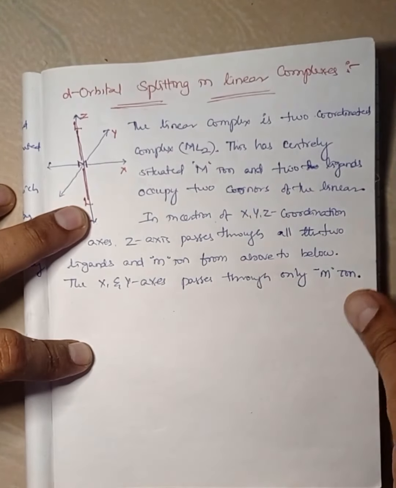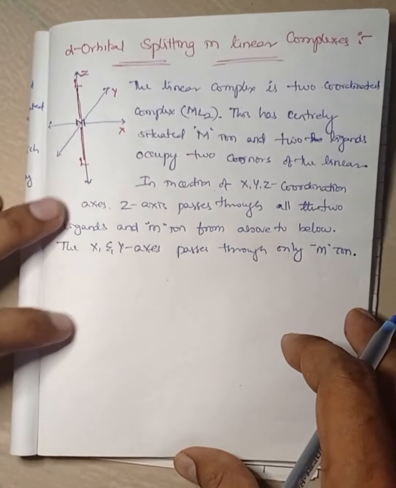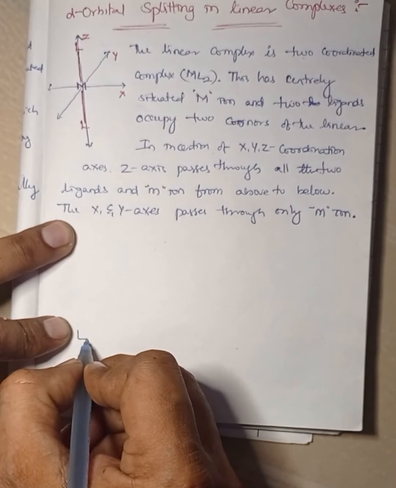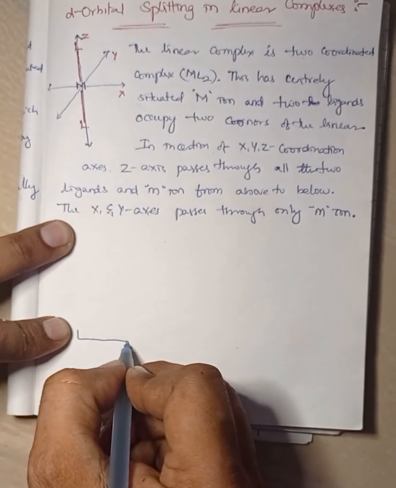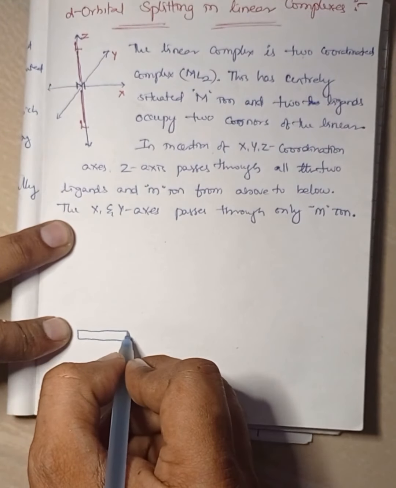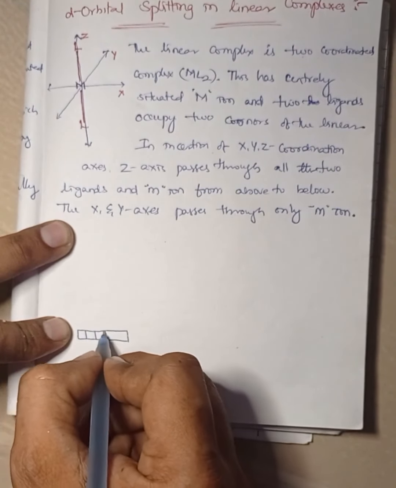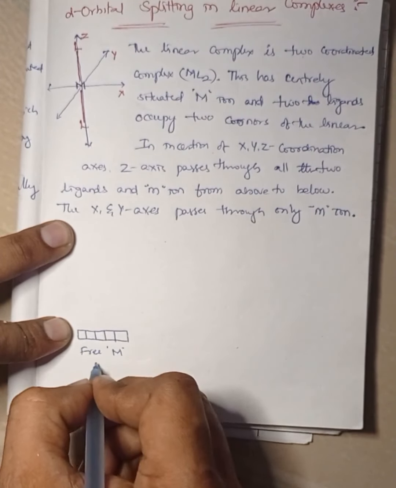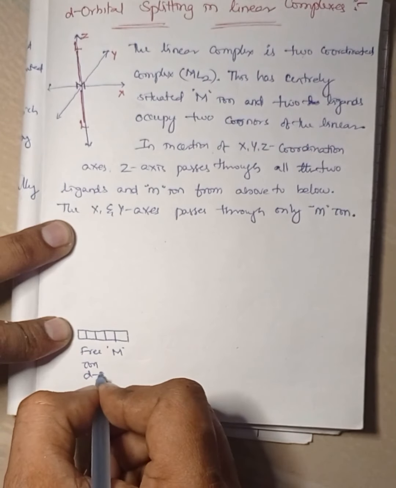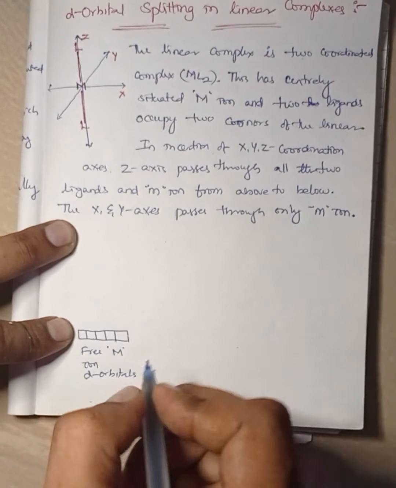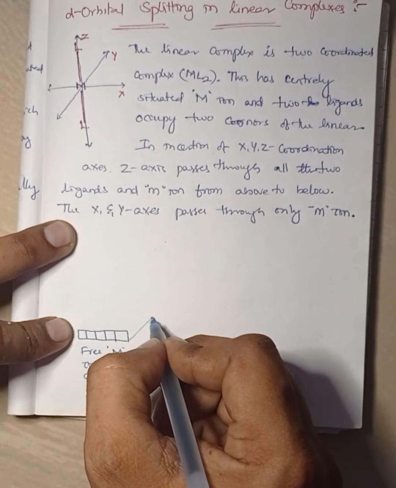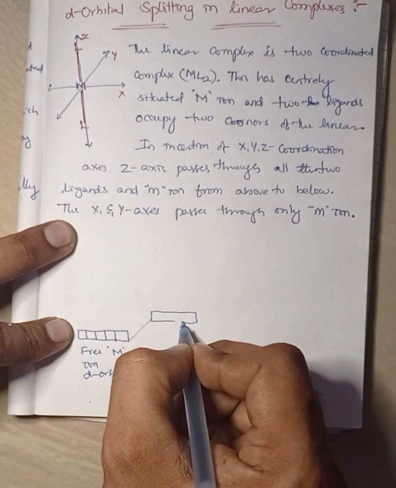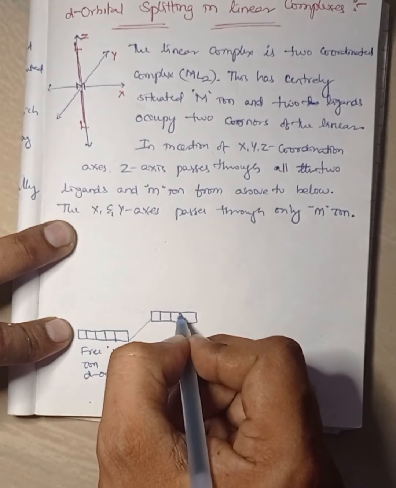Now, when we go with the splitting pattern, every time we start with the free metal ion d orbitals, which get excited in complexation.